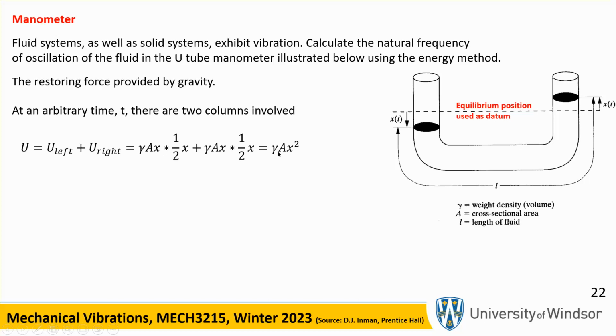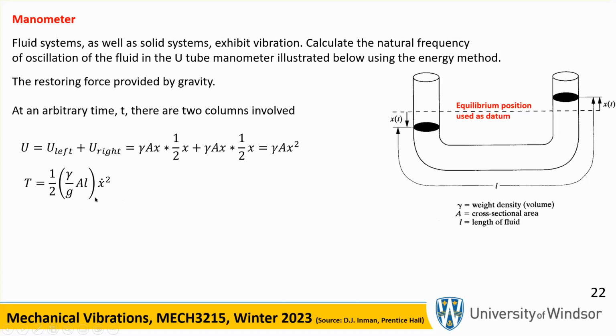So potential energy is gamma times A. Gamma is the weight, specific weight or weight density. A is the cross-section area right there. And just take half of this, half of that, add it, you get the potential energy.